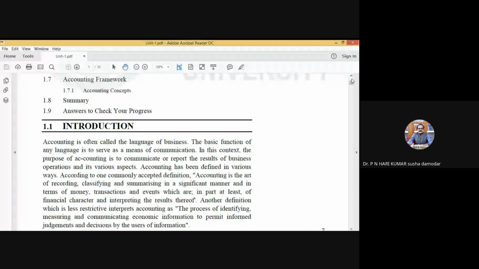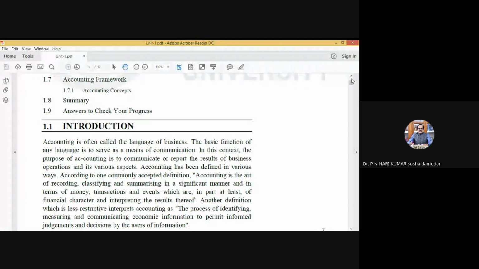See, the first module starts with introduction to accounting. Accounting is basically a business language. Malayalam is a language, English is a language, Hindi is a language, Tamil is a language, used for communication.